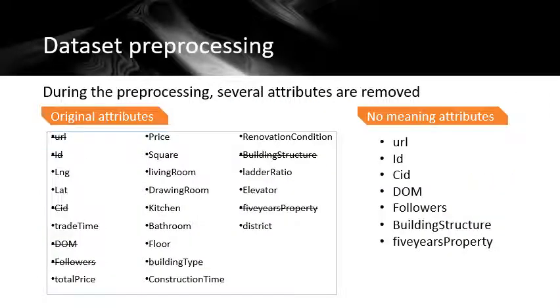All of the 21 attributes are listed on the left-hand side in the blue box, of which 7 are removed because they have no meaning for further analysis. Especially the URL ID or city ID, those are just numbers that represent different trees.